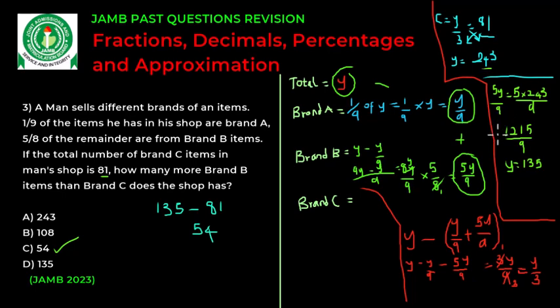We already know y was 243, so this was B. So for how many more items B has than C, we subtract C from B, and we had 54, which was option C.